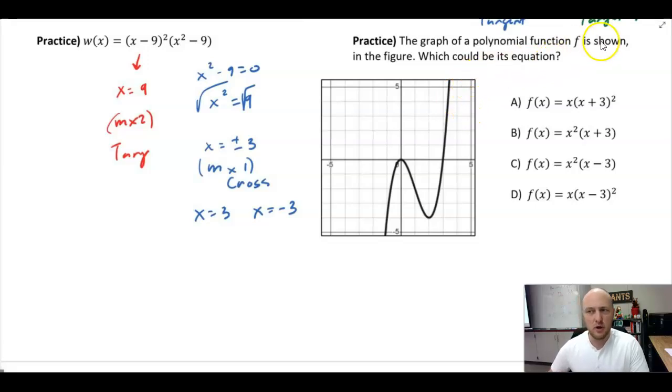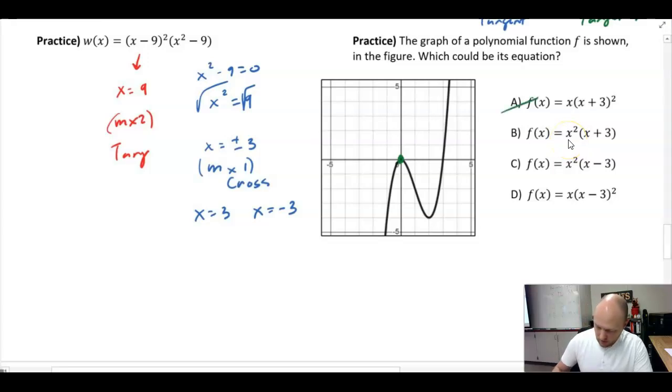They say the graph of a polynomial function f is shown in the figure, which could be its equation. Well, what you should notice is that we touch the zero at 0, and it's an extrema. It's tangent there, meaning only touching at that one point. So this should have multiplicity, x squared. If we look at our options, notice B and C have x squared.